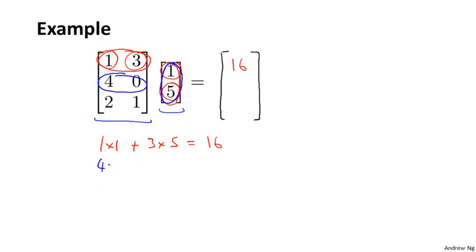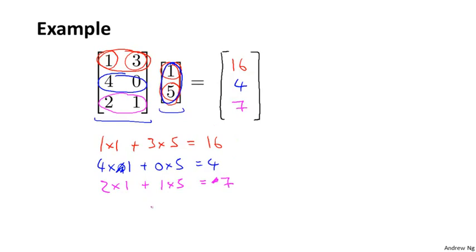So I have 4 times 1 plus 0 times 5, which is equal to 4. So I get a 4 there. And finally, for the last one, I have 2, 1 times 1, 5. So I have 2 times 1 plus 1 times 5, which is equal to 7. And so I get a 7 over there.